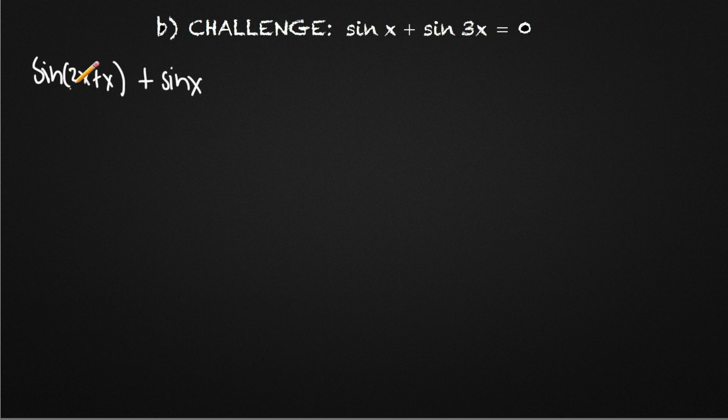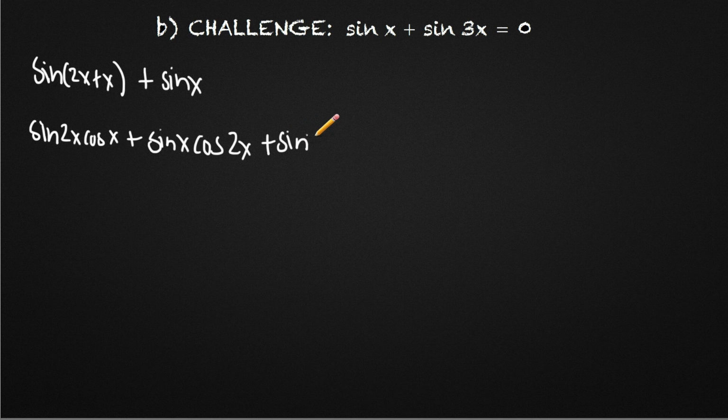So now I have the sum of two angles. So I have the sine of A cosine of B plus sine of B cosine of A. And I still have this plus sine of x here. And this, of course, well, I just might as well write it each time. It's equal to 0.